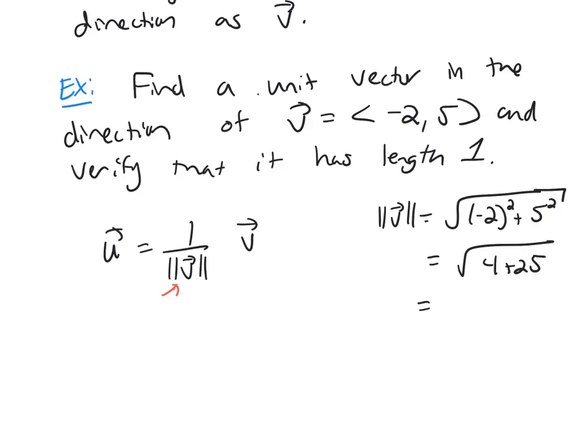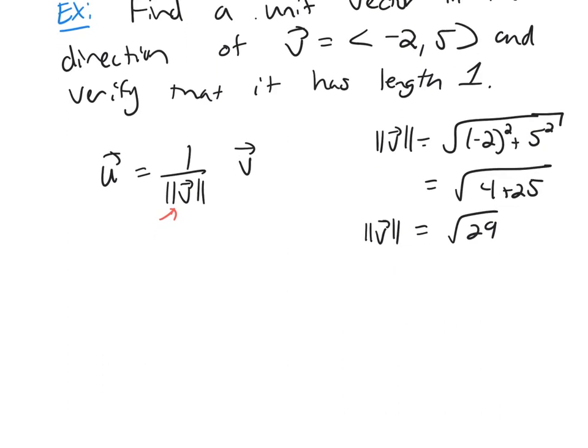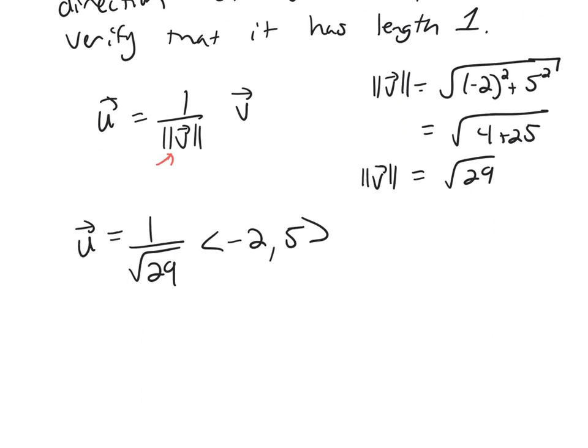So this is the square root of 29. That's the length of v. So to get our unit vector, I'm going to take 1 over the magnitude, which was the square root of 29, 1 over the square root of 29, and do the scalar multiplication with the vector v, -2, 5. So if I distribute, I'm going to get my unit vector.